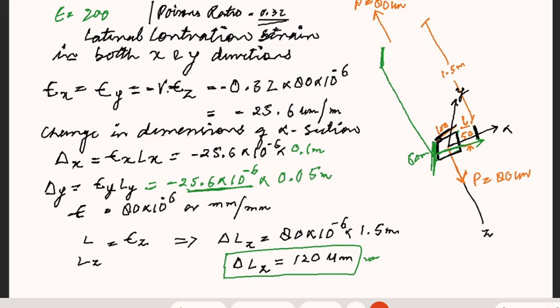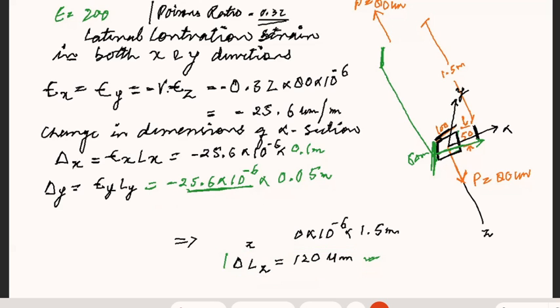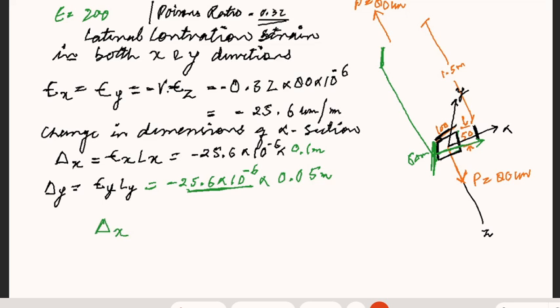Calculate both values, that is change in length in x direction and change in length in y direction. Give me the values quickly.